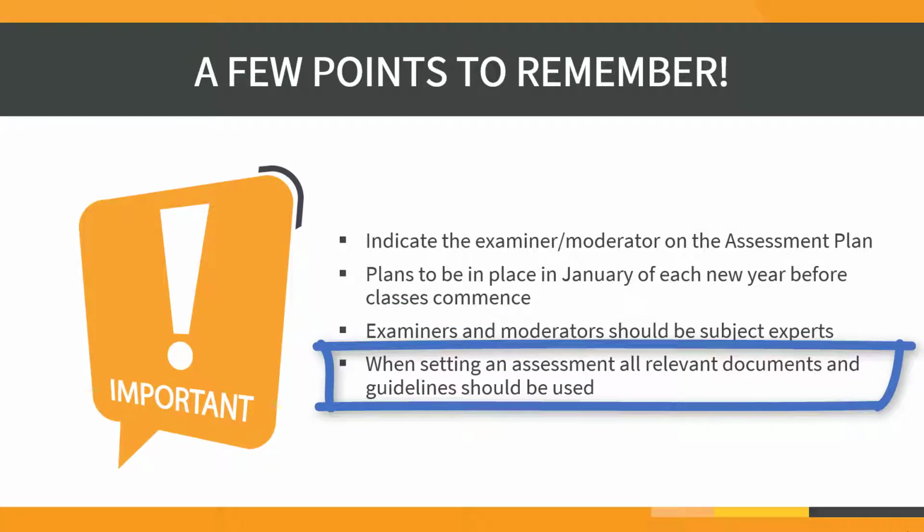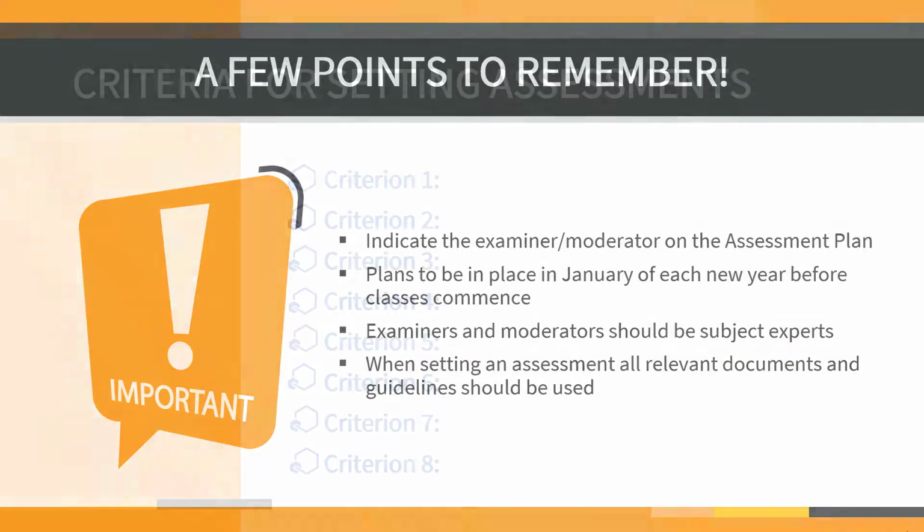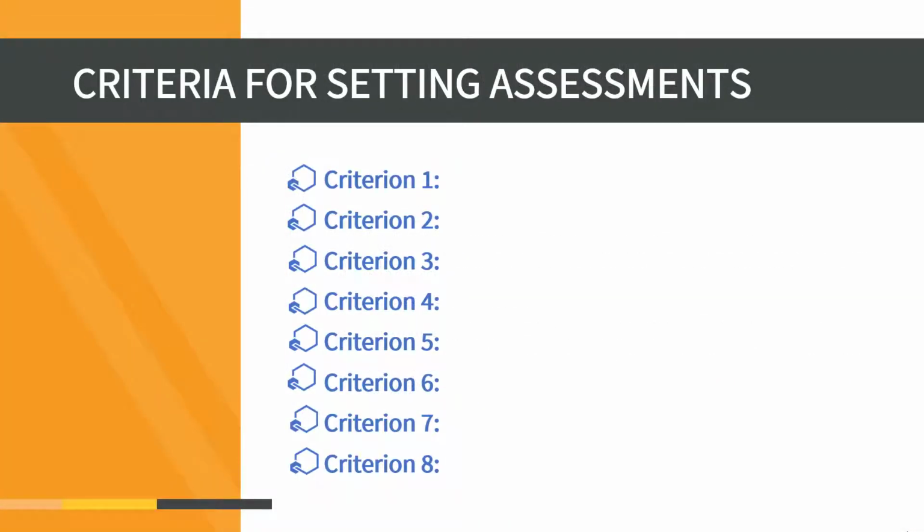All the relevant documents and guidelines should be used when setting an assessment. There are specific criteria that must be understood so that an assessment can be evaluated and moderated to make sure that it is suitable. These will be discussed in detail.